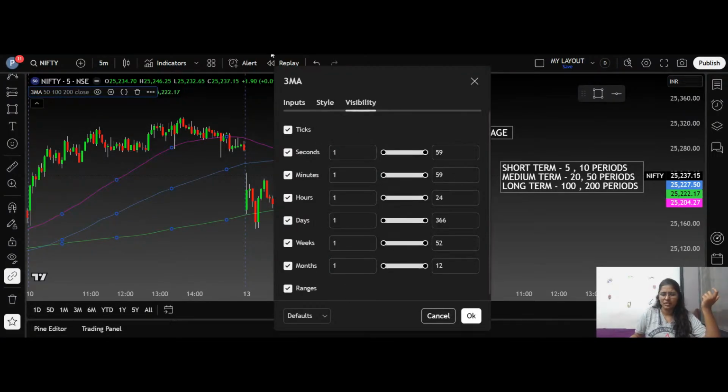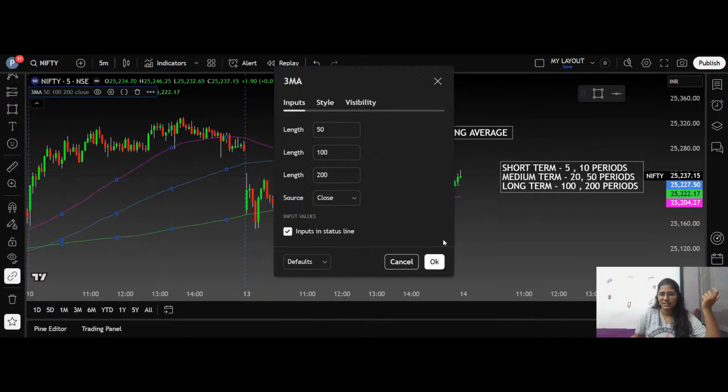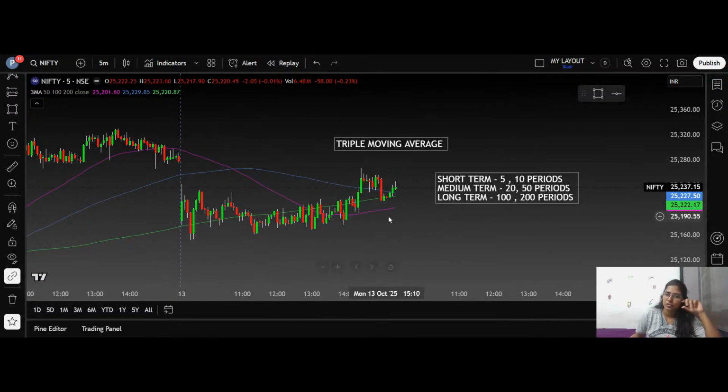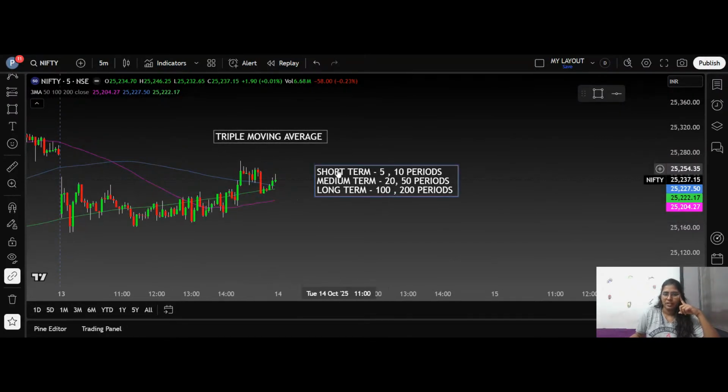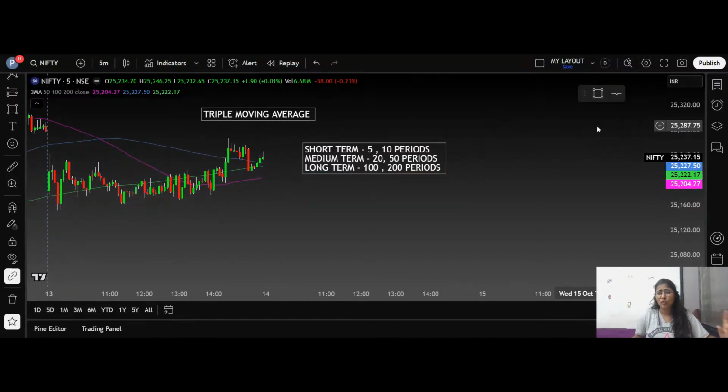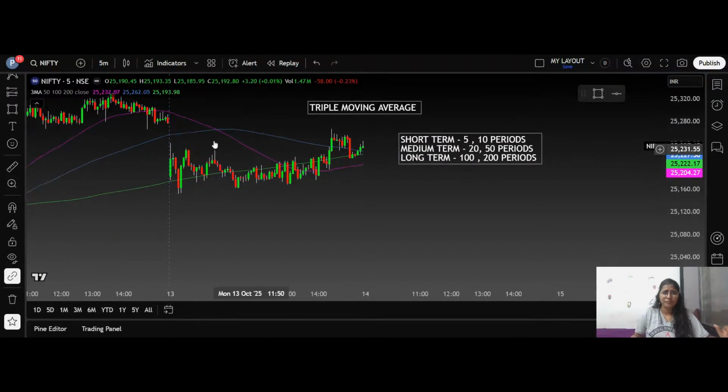So these are the settings of these SMAs. So here are three SMAs crossover, where one is short term, another is medium term, and the other is long term. Now we are going to see how this works for traders and what kind of signals it gives us.